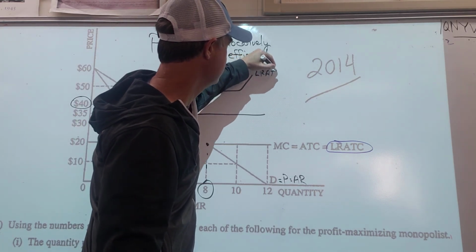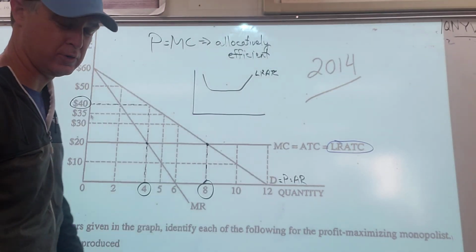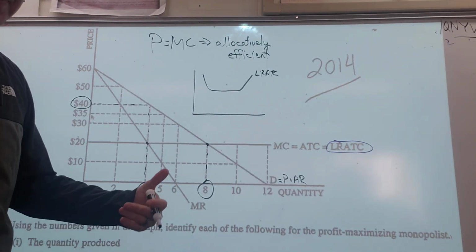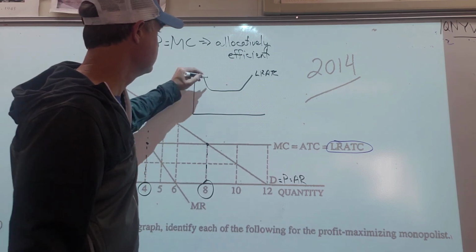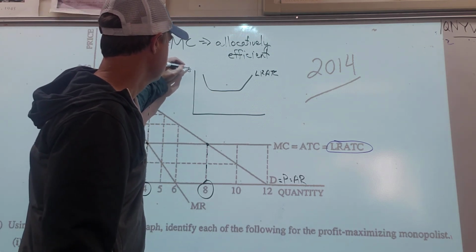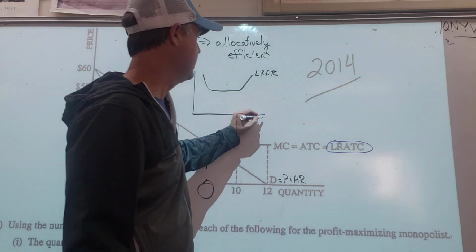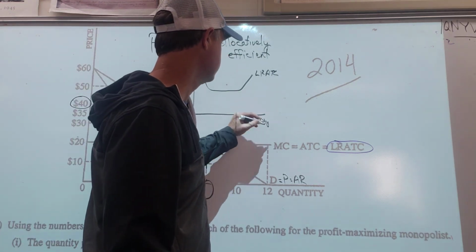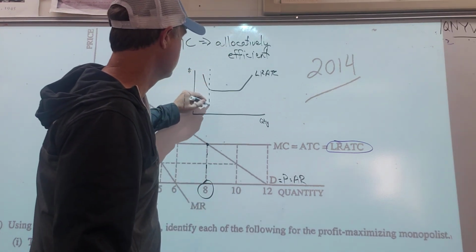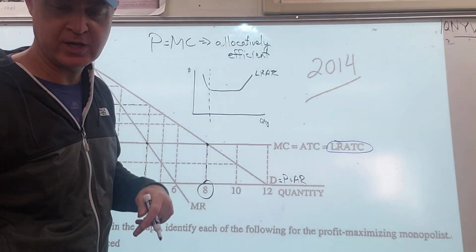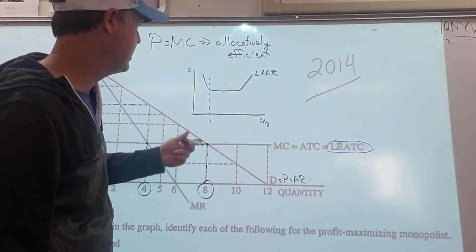We talked about why they filmed all the Lord of the Rings at the same place. Here we have the price per good, and this is the quantity of goods produced. In the long run, remember, we can change the size of the building, we can double the amount of machines we have, whatever.